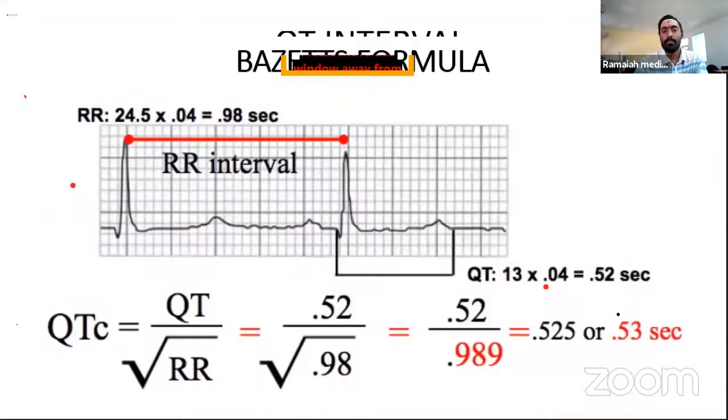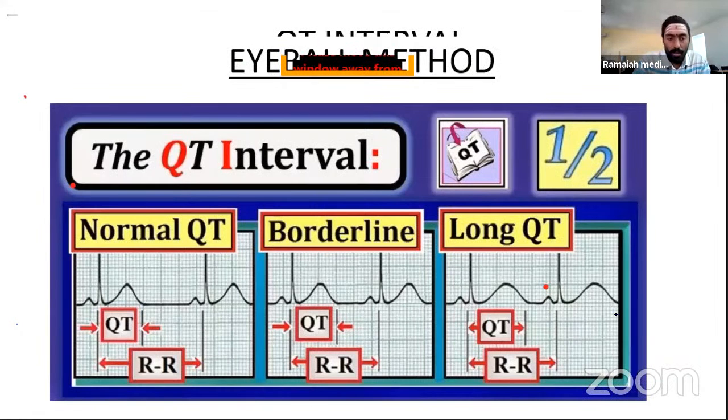So that is when you have all the sophisticated methods. So how to do an eyeballing method? You compare the QT to the RR interval. For a normal QT, the T wave should end before half of the RR interval. So somewhere the QT should be before this midline. Here the T wave is ending just before it.